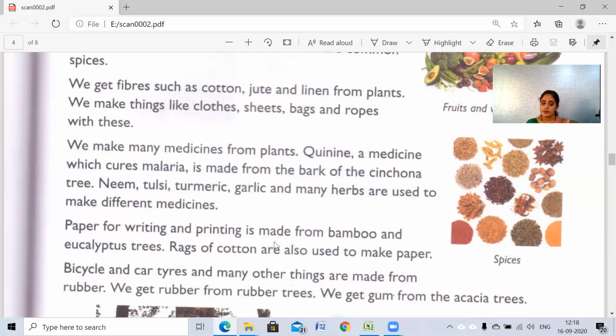Paper for writing and printing is made from bamboo and eucalyptus trees, which we use for writing purposes. Rags of cotton are also used to make paper. So we depend upon plants for making paper also.